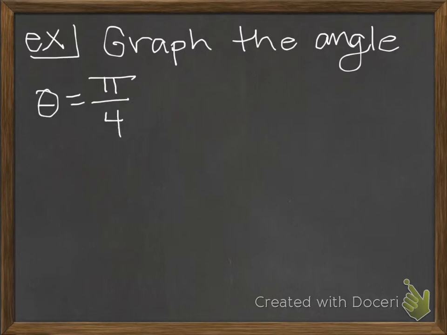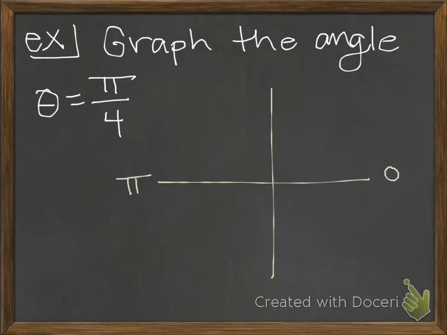The strategy that I think works the best is to start by drawing your xy axis, label the 0, and on the left hand side we label it pi. Then you look at the denominator of the angle that's given. So it's pi over 4, so 4 is the denominator. So I'm going to change this to be 4 pi over 4.